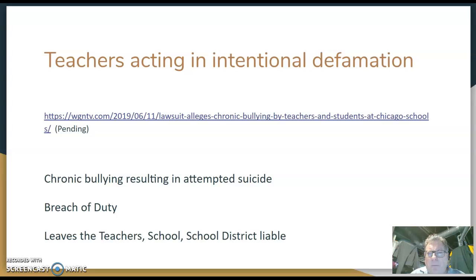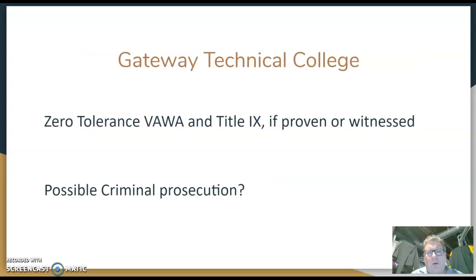And this is obviously a breach of duty, actively and intentionally causing harm to a student. It leaves the teachers, the school, and the school district open for a lawsuit. They're all liable. It is going through the Capitol and the Board of Education for the state. And nobody's going to win on this particular case.